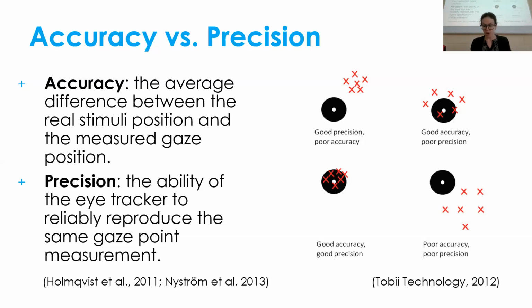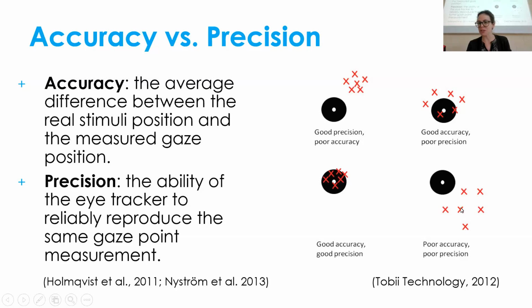Looking at examples of both of these, starting from the top left, we can see good precision, because these raw data points are clustered together quite well, but fairly bad accuracy, because the position where the eye tracker thinks the eye is, is quite far away from the target, the center here. Then we can see good accuracy and poor precision. Good accuracy because we're more or less on target, but the eye tracker isn't quite sure and the points are not clustered.